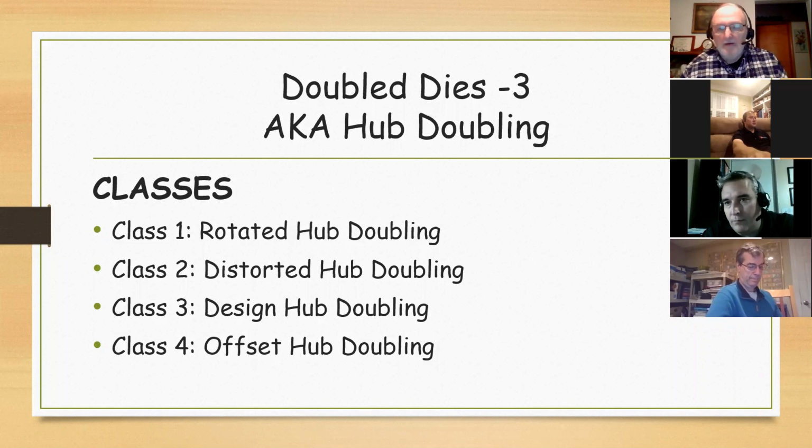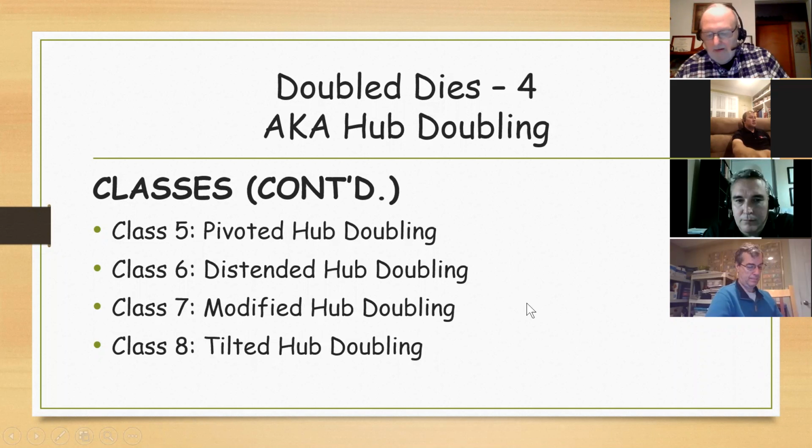And then we've got another set of classes. Pivoted results when the die receives an additional hubbing that was misaligned via rotation with a pivot point near the rim.